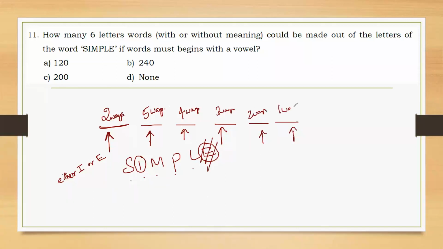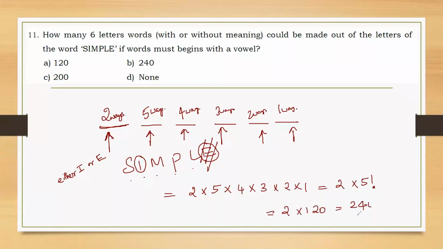Is it clear? So the answer is 2 into 5 into 4 into 3 into 2 into 1, which is 2 into 120, so 240 ways.